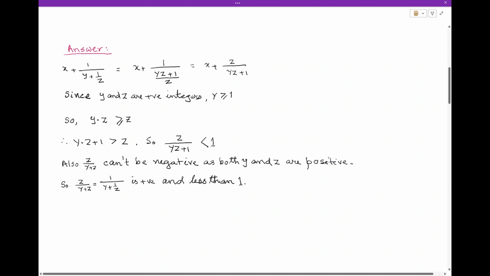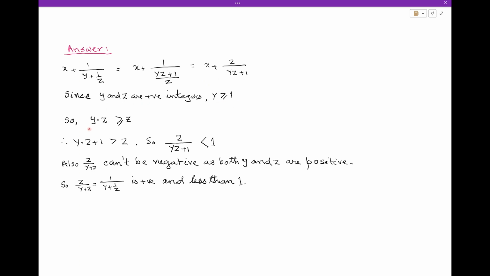Now x plus 1 divided by y plus 1 by g can be written as x plus 1 divided by (yg plus 1) divided by g, and that is equal to x plus g divided by yg plus 1. Since y and g are positive integers, y is greater than or equal to 1.